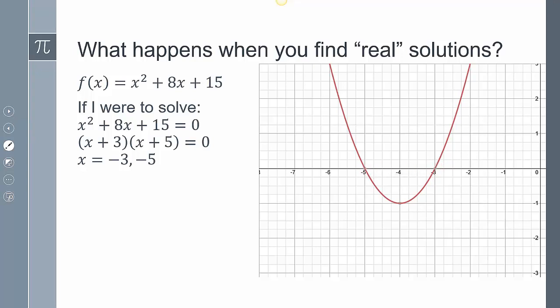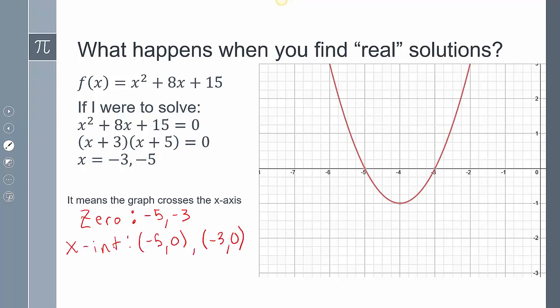When we are trying to find solutions by saying this equals 0, what I'm trying to say is where is it going to cross the line y equals 0? It crosses y equals 0 at negative 3 and at negative 5, so it crosses the x-axis. And I could label them as zeros, or I can label them as those x-intercepts that we've already talked about.